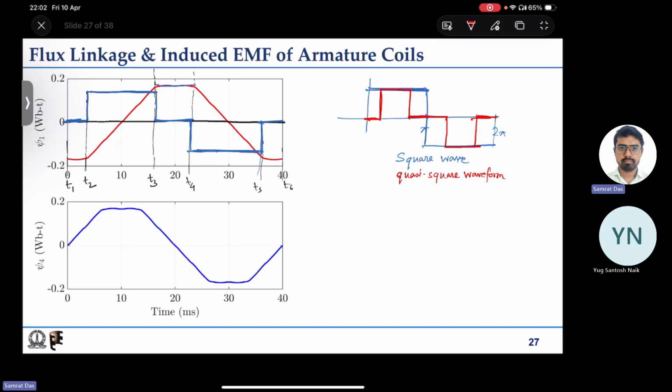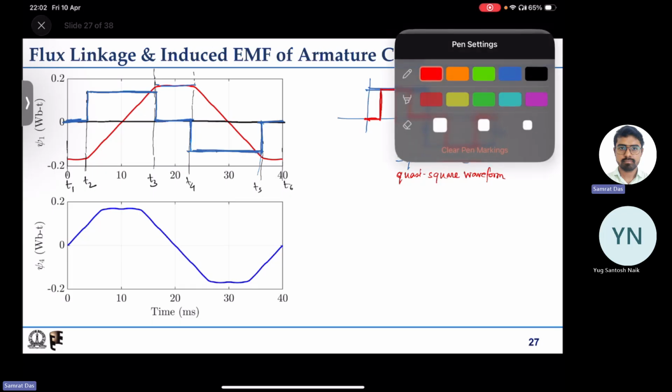So the induced EMF of a coil in a DC machine will be a quasi-square wave, with both positive as well as negative induced EMF.